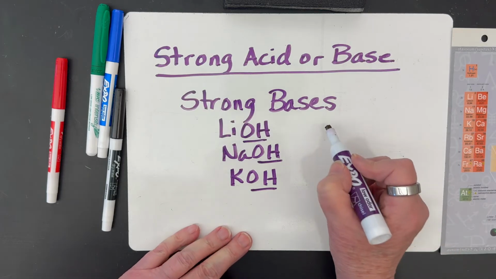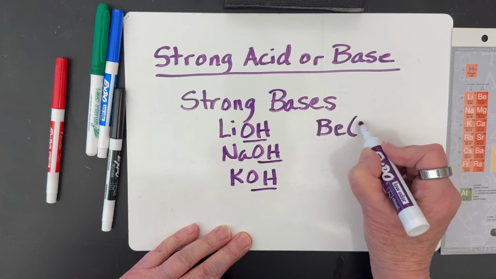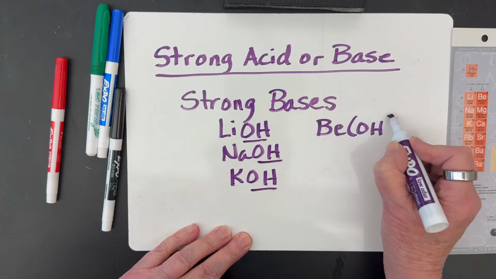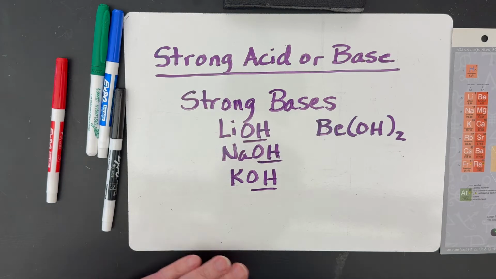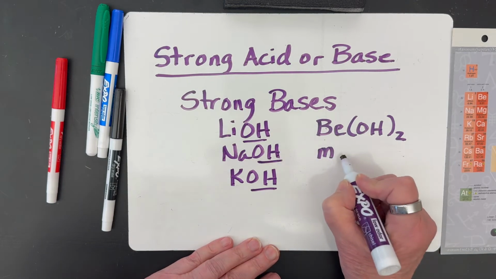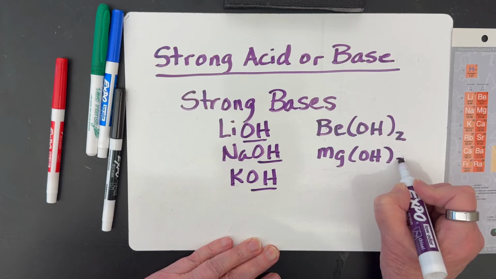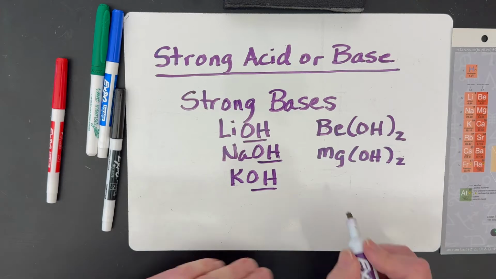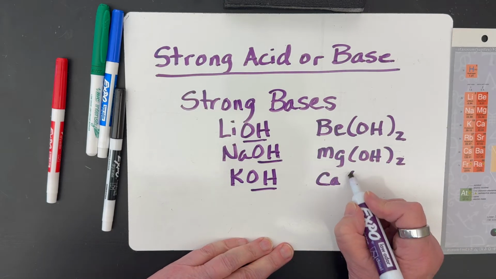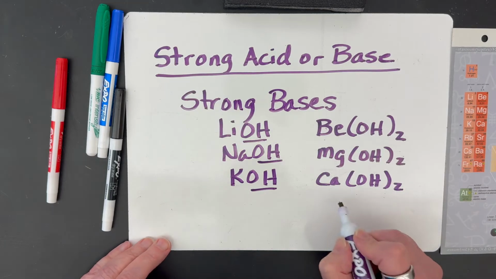In the second column, we would have Be, and then because it has a +2 charge, it takes 2 OHs to balance it out. Mg, again, second column, we need 2 OHs to balance it out. And all the way down that column, those are also all strong.